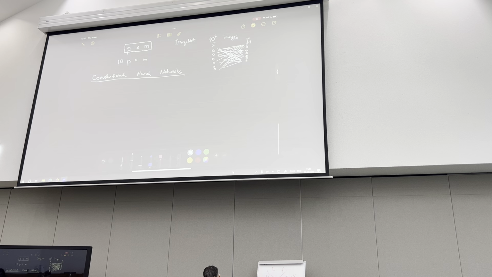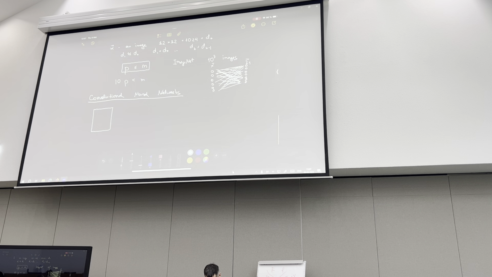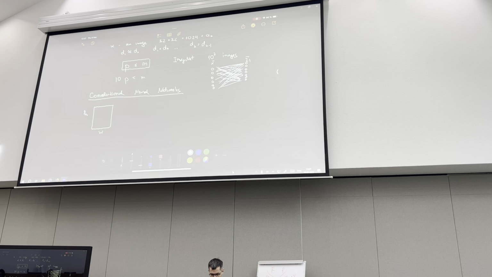The first thing we can notice is that an image is not a vector. It's a matrix. It has two dimensions actually, yes. That will be width and height.